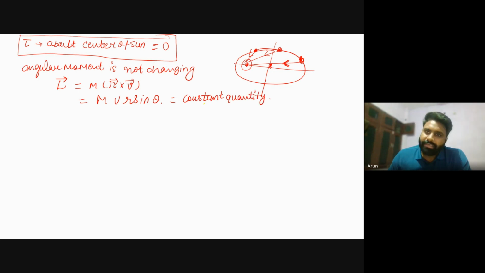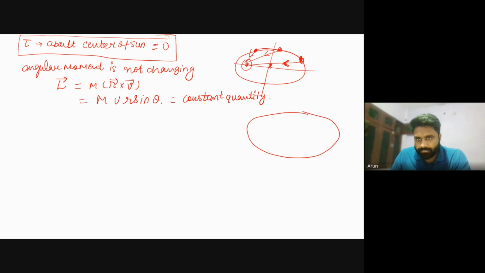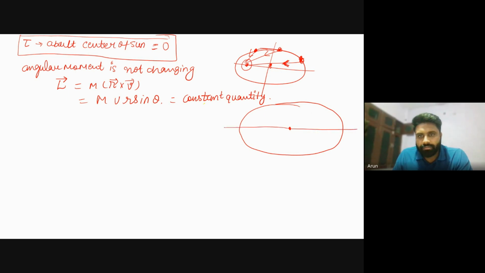Okay? Let's say, just a second, let me just draw it. Yeah. So let's say this is the sun and this is another planet. At time t equals t1 it is at this position, and at time t equals t2, it is here.